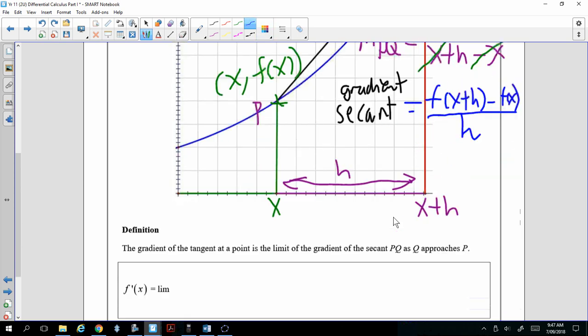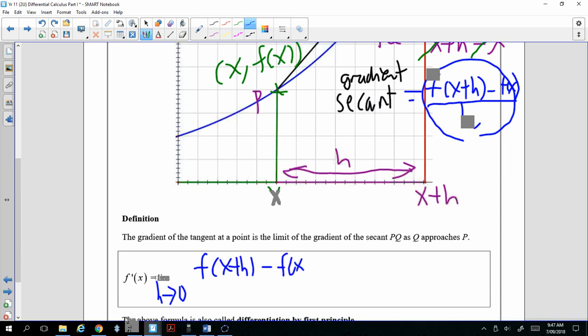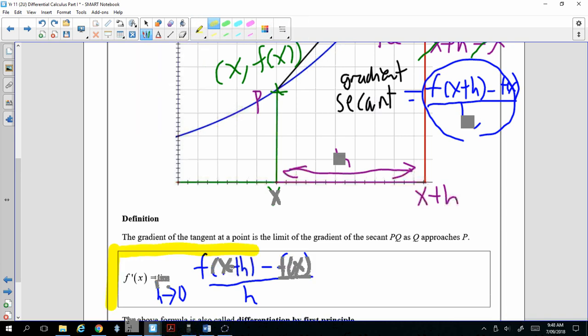That's called differentiation by first principle. It is on the reference sheet. I want you to memorize it as well, but if you forgot, it's on the reference sheet. You should be able to recognize it, because that's one of the chunky formulas, right?